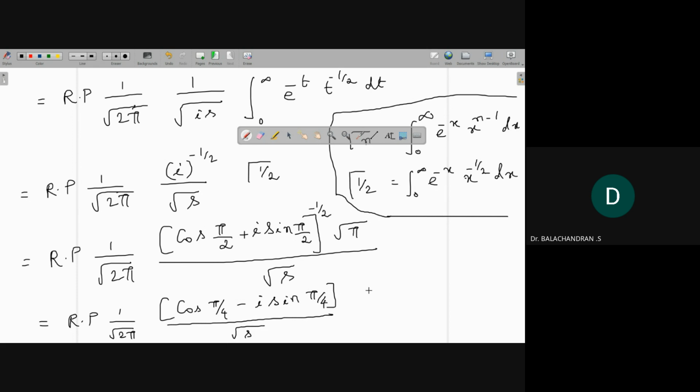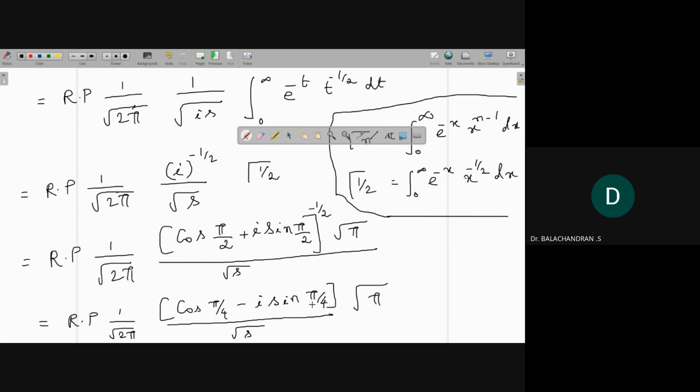Into root pi. Okay, I think we can cancel this root pi already. I forgot it, this is actually root s. Okay, root s. Now the next step.